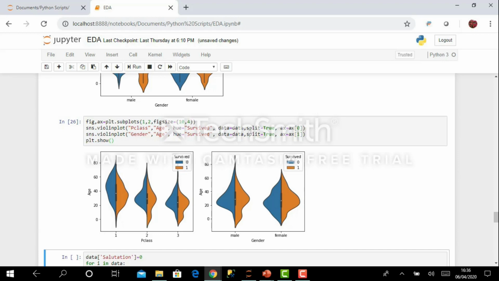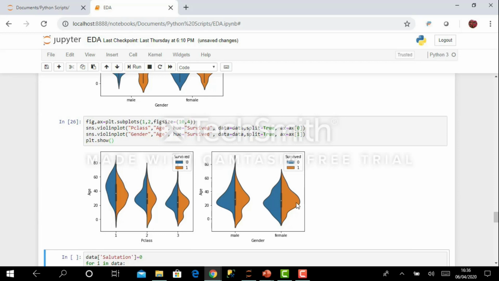This is for split equal to true. If split equal to false, there will be two violin plots for each of these categories. As here split is true, for survived, the 0 and 1 values are drawn in one single violin. That's the difference.